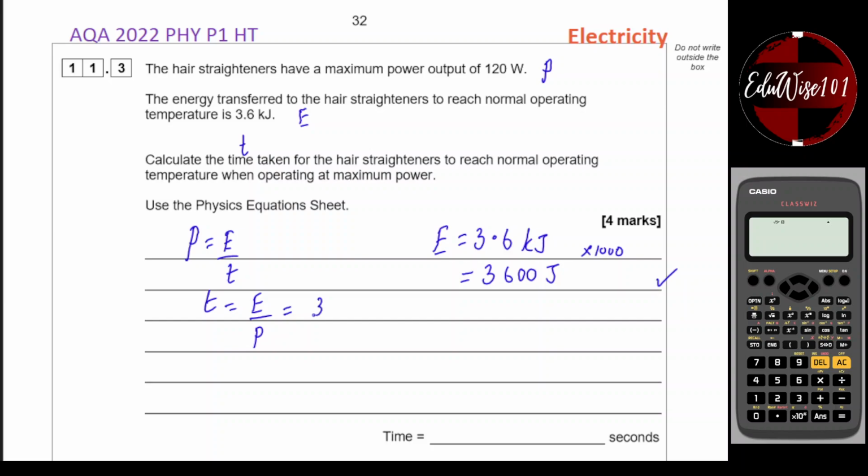So 3,600 divided by 120. That should give me 30 seconds.